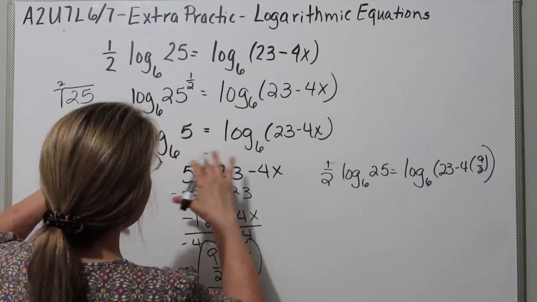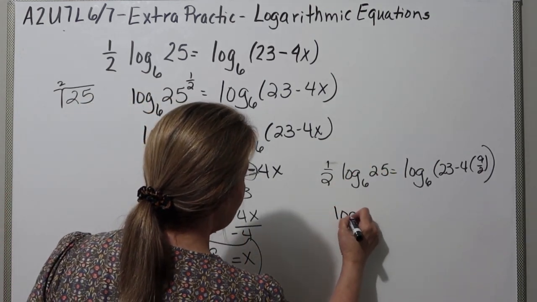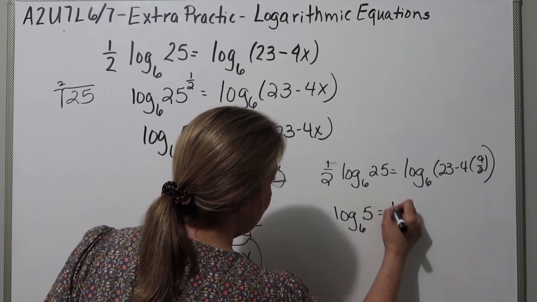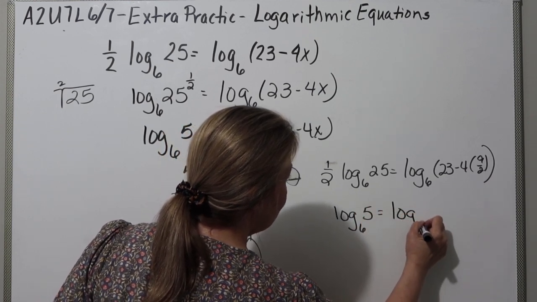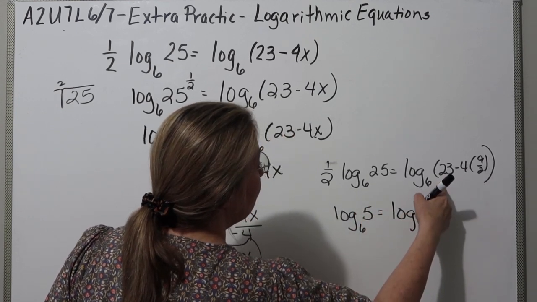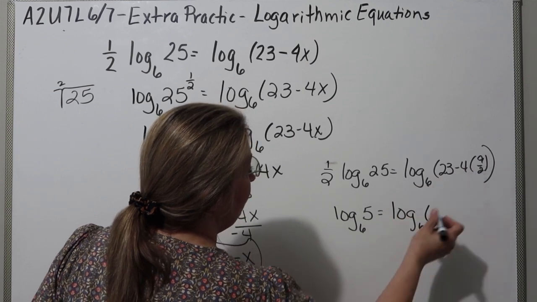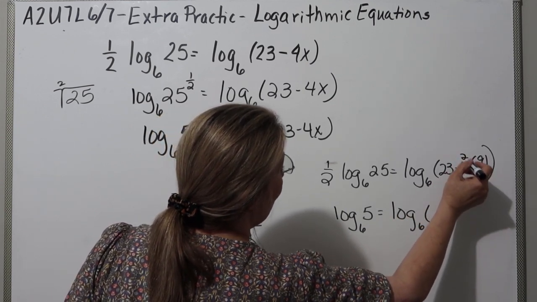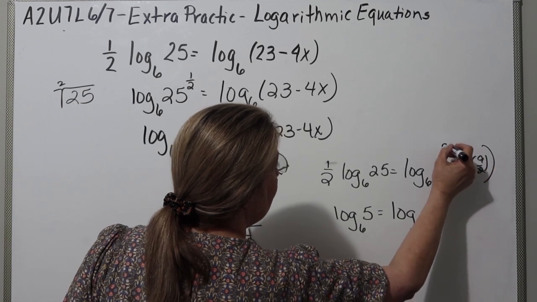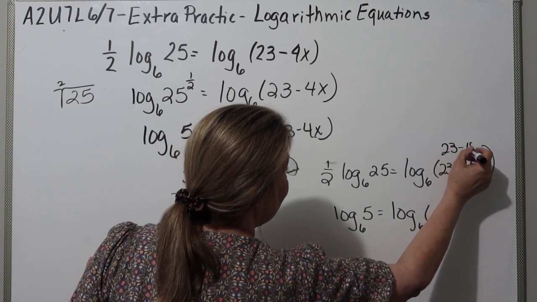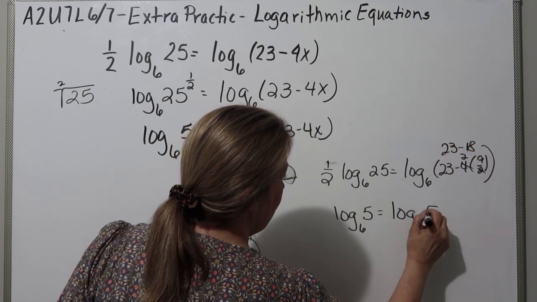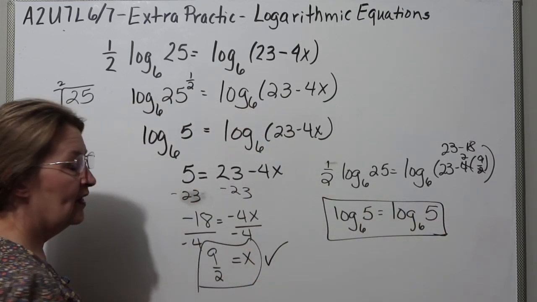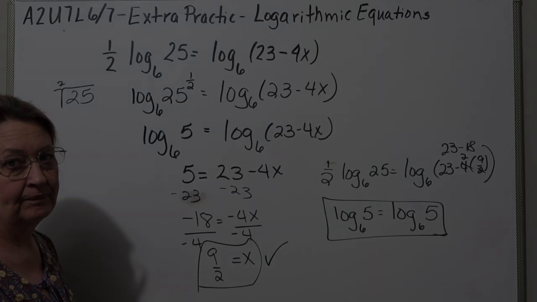We already did the simplifying here, and we know this side simplifies to log base 6 of 5 equals log base 6 of 23 minus 4 times 9/2. Well, 4 times 9/2, 2 goes into 4 two times, so I've got 18. This is going to be 23 minus 18, which is 5. This is a true statement, so that means my answer is valid.